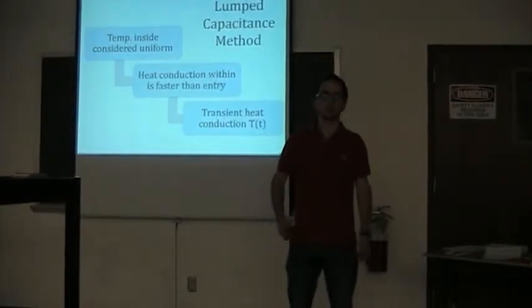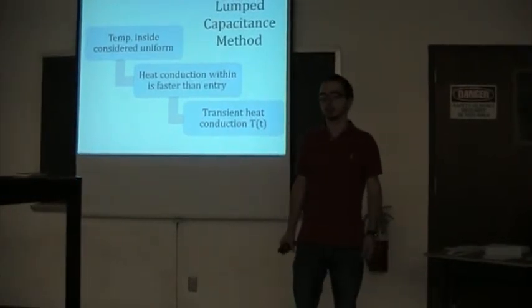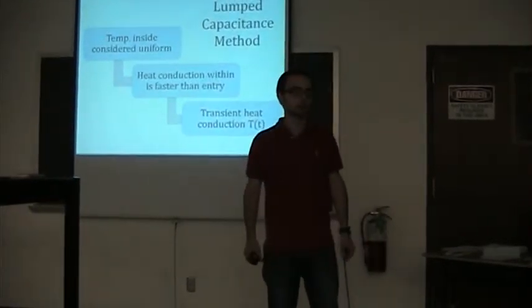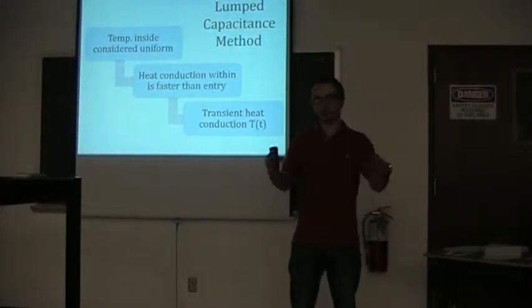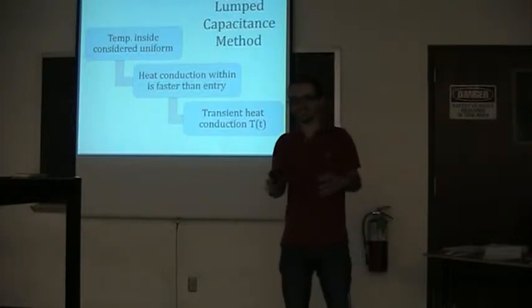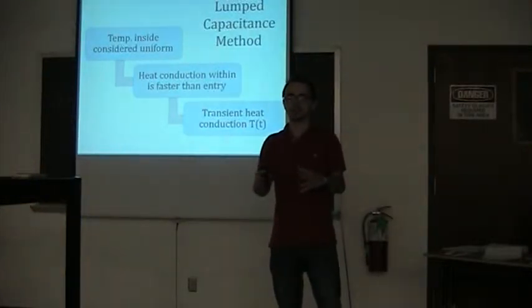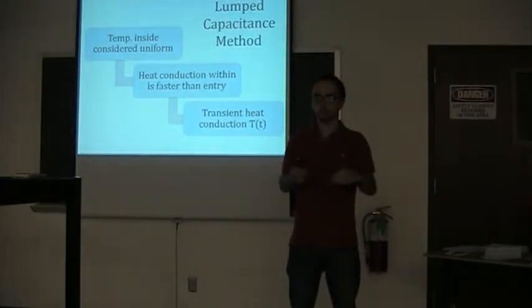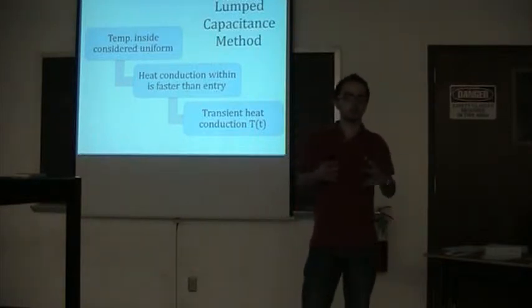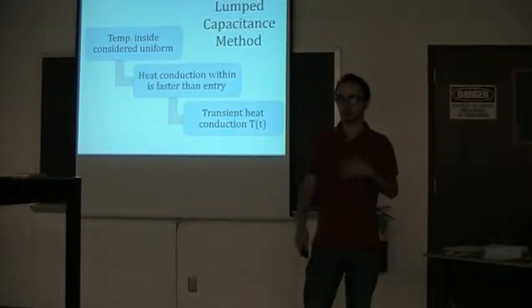To talk about this, we need to look at the lump capacitance method. Let's say I have an object, and the temperature inside this object is uniform, which means the heat conduction within the object is faster than the heat entering it, so we can assume the heat inside is uniform all around.